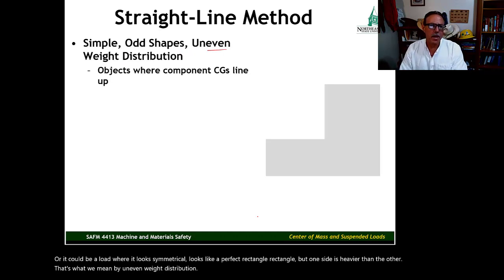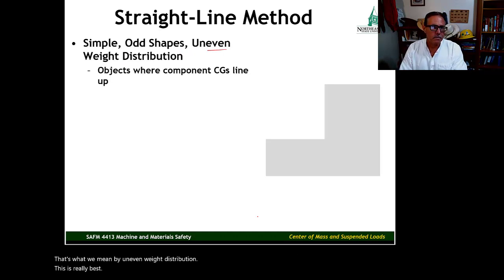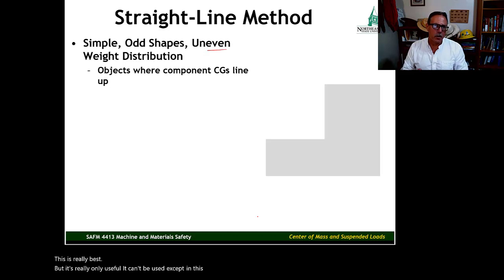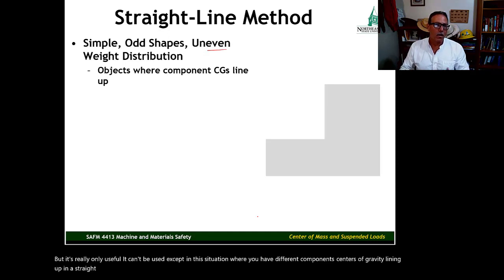This is really only useful, it can't be used except in this situation, where you have different component centers of gravity lining up in a straight line. All of your different components and their centers of gravity need to line up in a straight line to use this method.